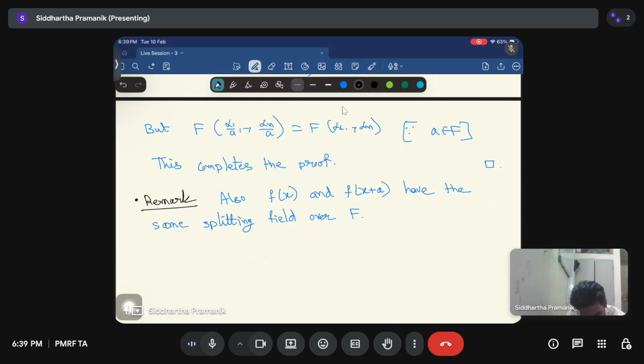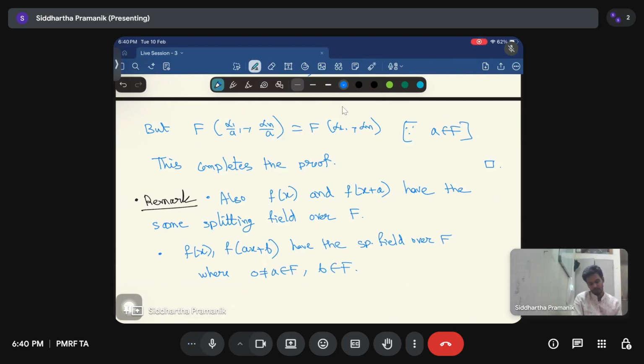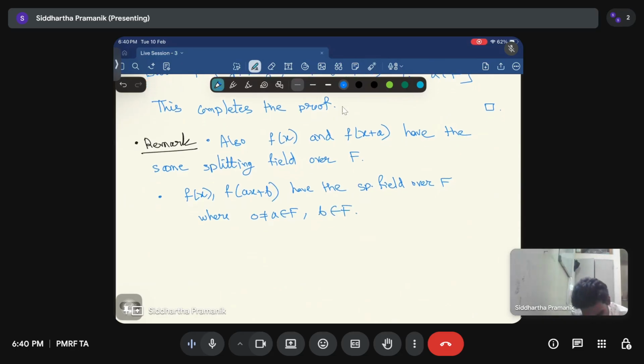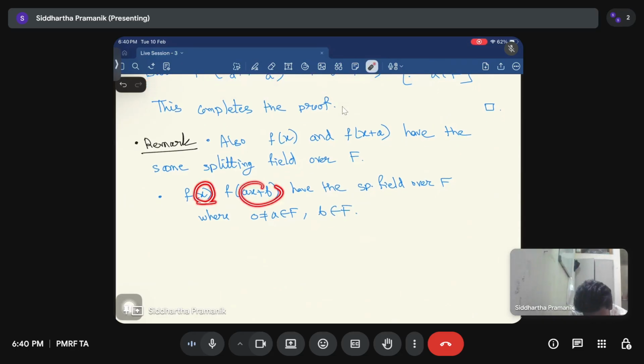And more generally, if we combine these two, then f(x) and f(ax+b) have the same splitting field, where a is non-zero and belongs to F and also b belongs to F. Okay, so this is easy to remember. If you just make a linear change in the variable, it will not affect the splitting field. That's all.